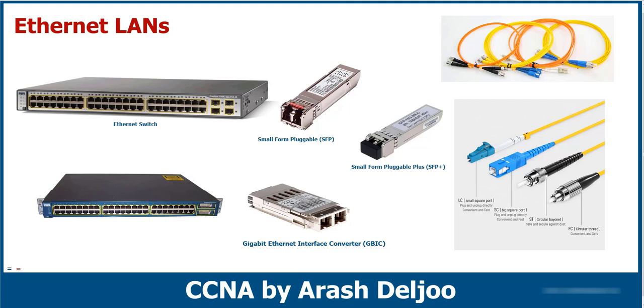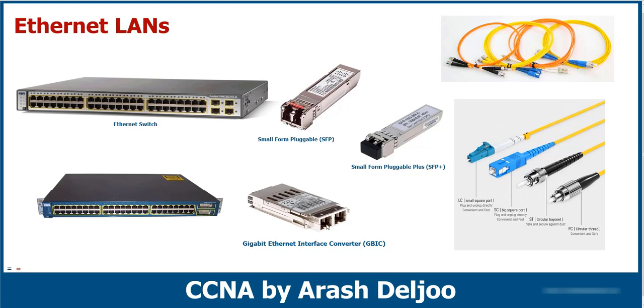Let me talk about it. Look at here. This is one of the old models of the Cisco switch. In the old days we used one special converter. We called it the Gigabit Ethernet interface card, or GBIC. This is the GBIC. The GBIC should be inserted into these slots, and after that we can connect the fiber optic to these 2 slots of the GBIC.